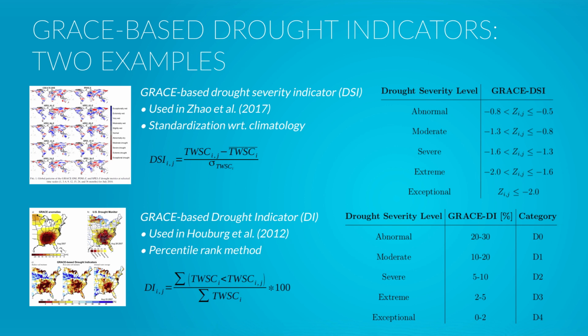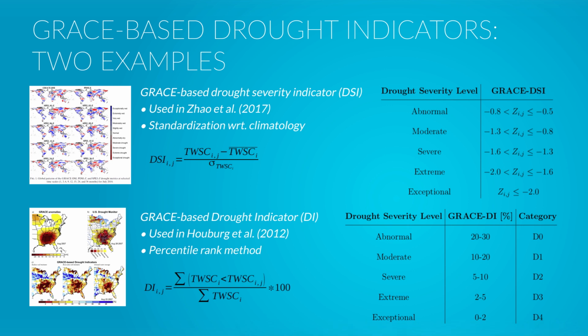So here we describe the methodologies of the two GRACE-based indicators. The first indicator by Zhao et al. uses a standardization method. We take our actual value and compare it to all values that are in the same month.